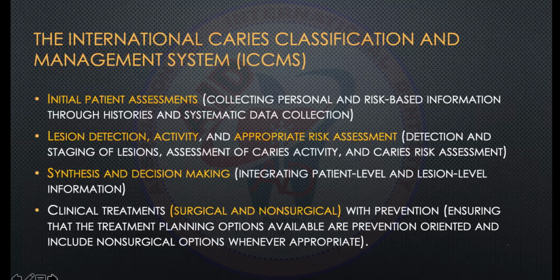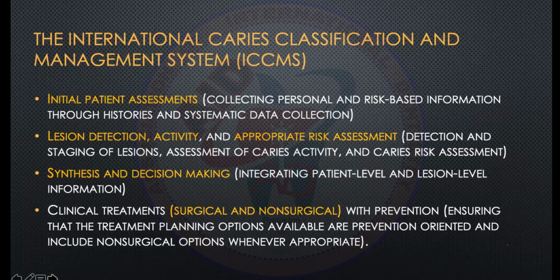And then we check for the risk assessment of that particular patient. After knowing all these things, we make a plan. We decide for that patient. The decision is in two phases. One will be at a patient level and the second will be at a lesion level. But we integrate both the plans together.